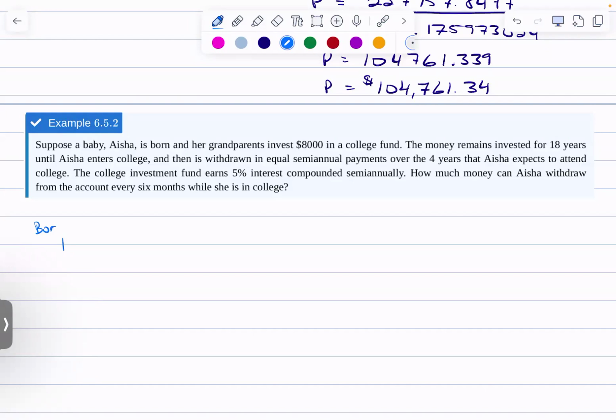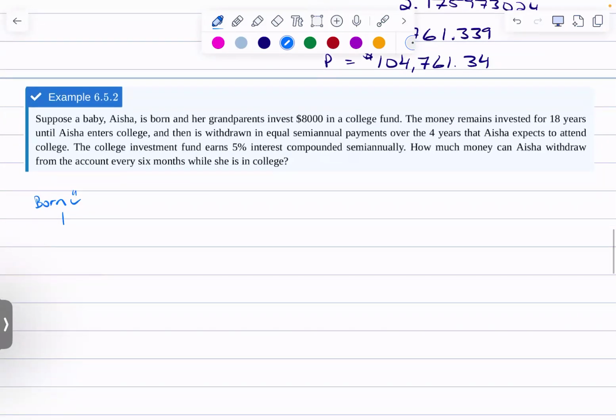Aisha is born. And her grandparents say, wait a second, we're going to the bank. It's gonna sit there.